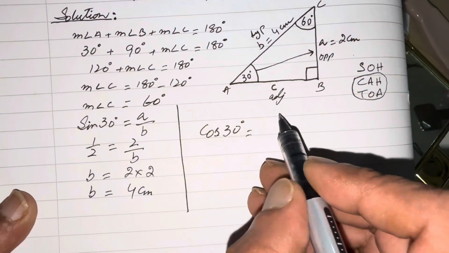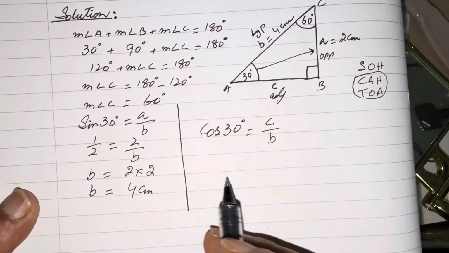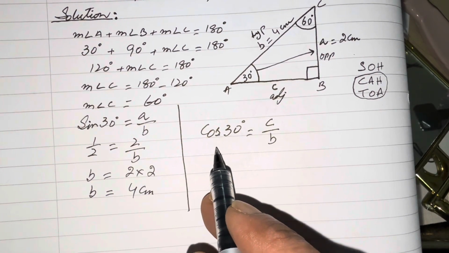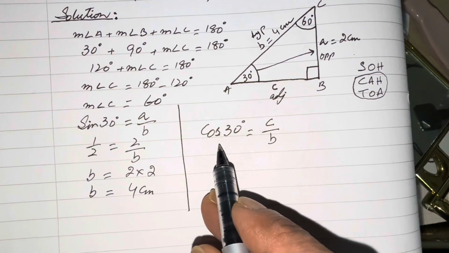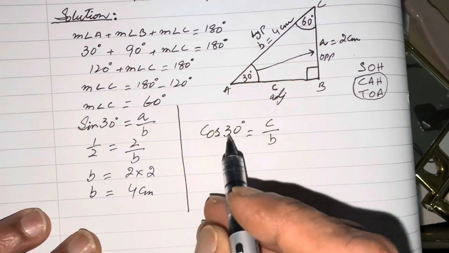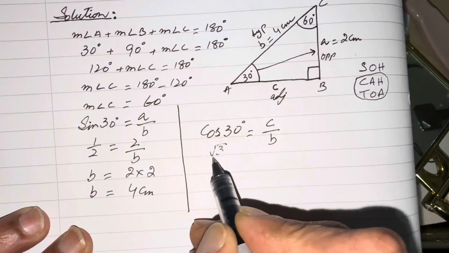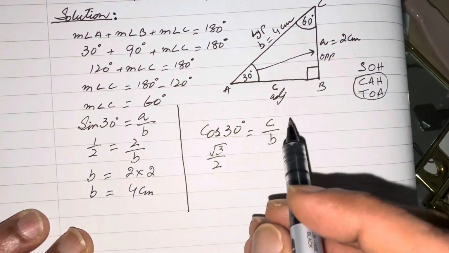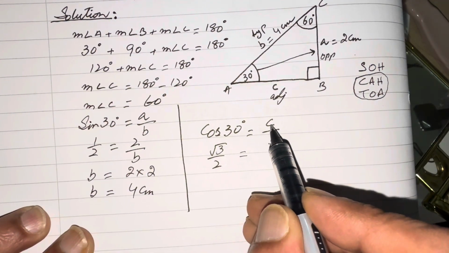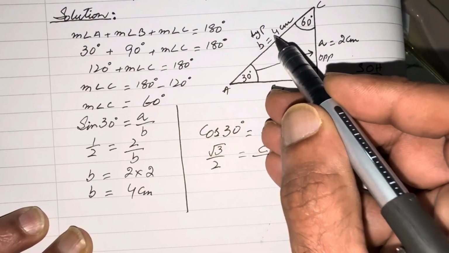So adjacent is C and hypotenuse is B. If you remember, cos 30 was equal to root 3 over 2. So we can say cos 30 equals root 3 over 2 equals C over B, where we have to find the value of C, and the value of B we have found as 4.